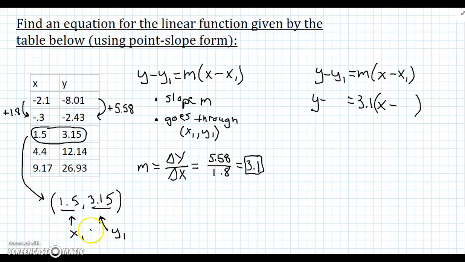And now all we have to do is plug them in. So let's take the x sub 1, 1.5, and stick it in for the x sub 1 here. Let's take our y sub 1, 3.15, and sub it in for the y sub 1 here. And we're actually done.